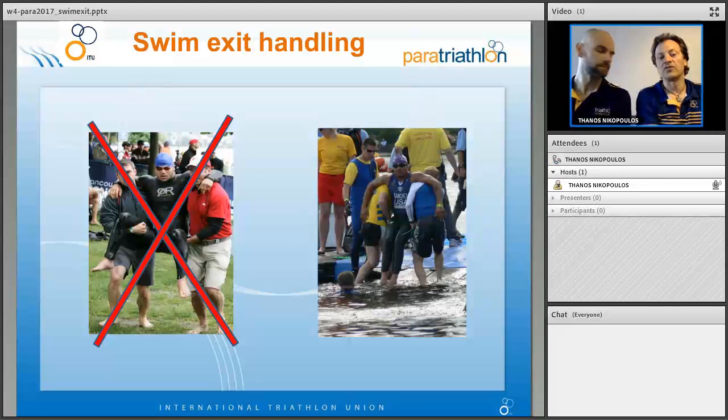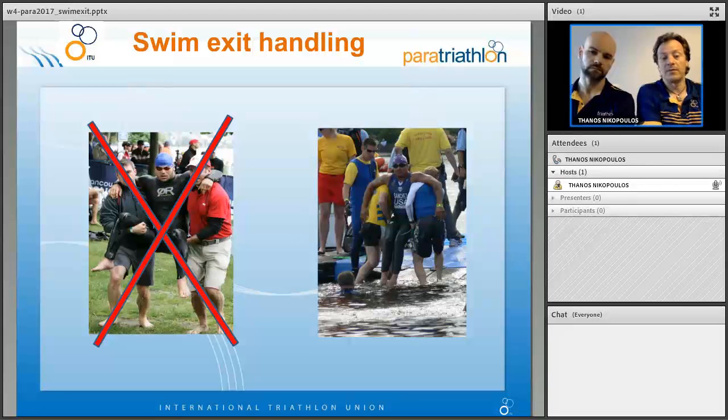In situations like this, we strongly recommend, if there are free available swim exit assistants, because sometimes we have athletes that are over 100 kilos and they can be very tall, it doesn't harm at all if a third position, for instance, is lifting the feet in order to prevent any kind of scratches or injuries that the athlete could have.